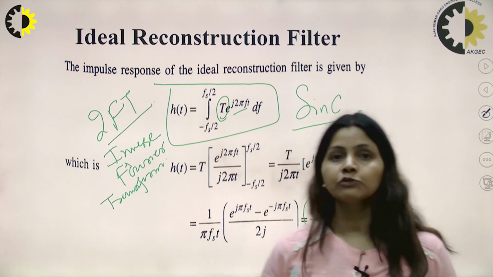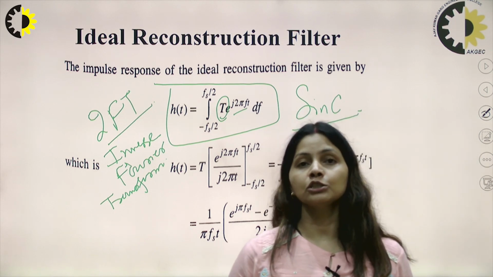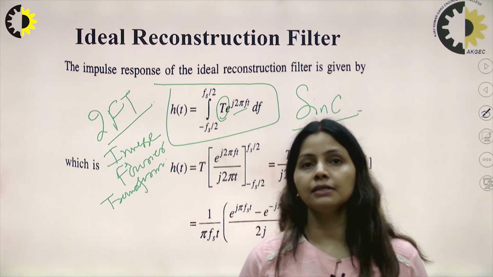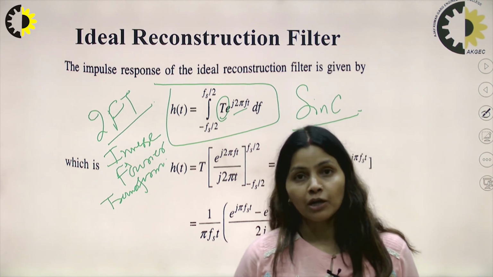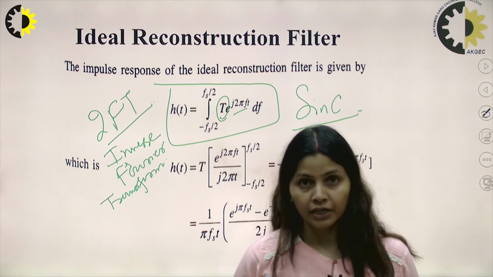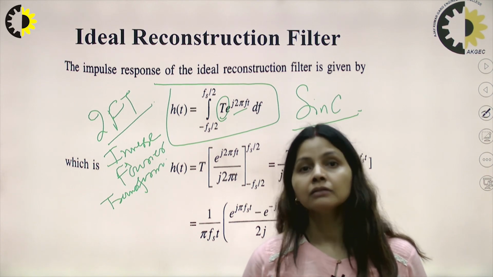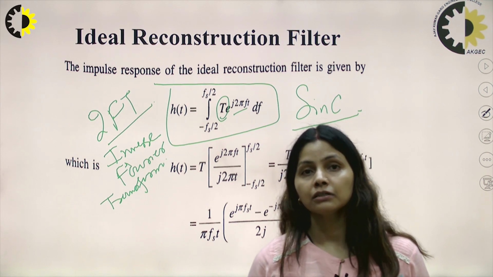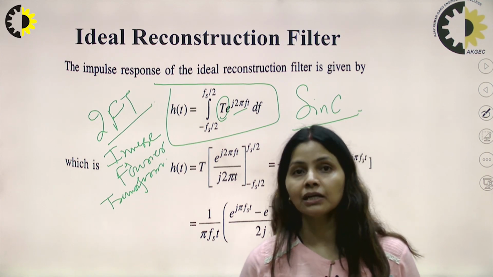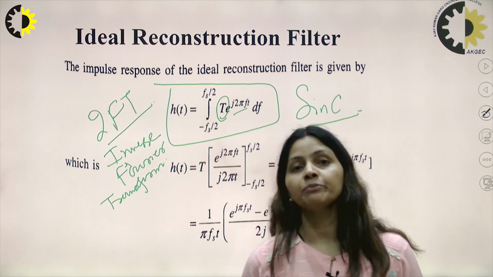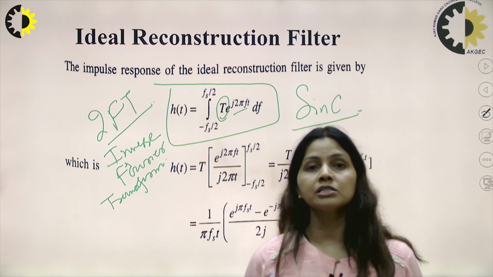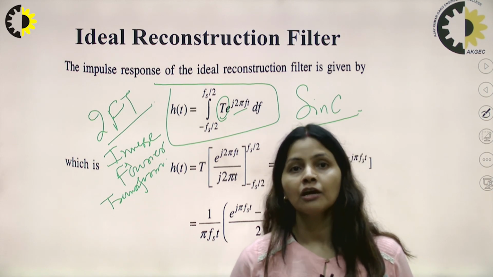In this video lecture we understood the sampling theorem, the sampled version, and the spectrum of the sampled signal, and looking at the spectrum of the sampled signal, we could derive the impulse response of the reconstruction filter. Thank you.